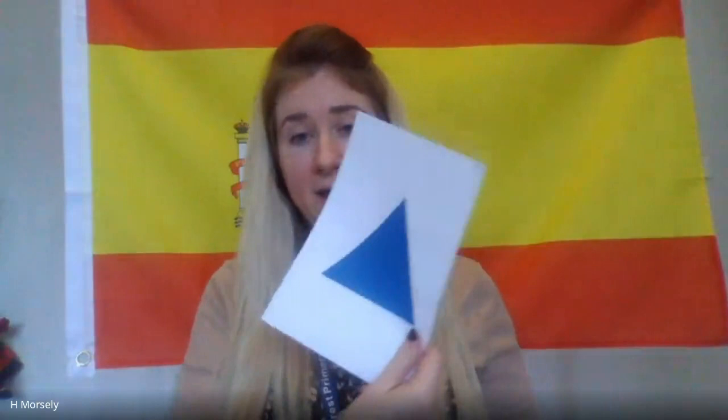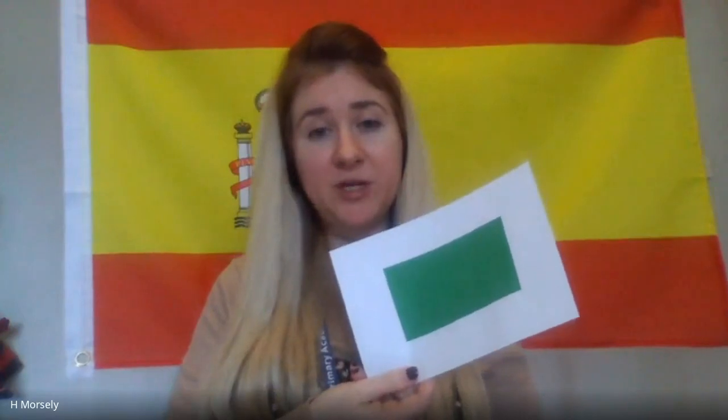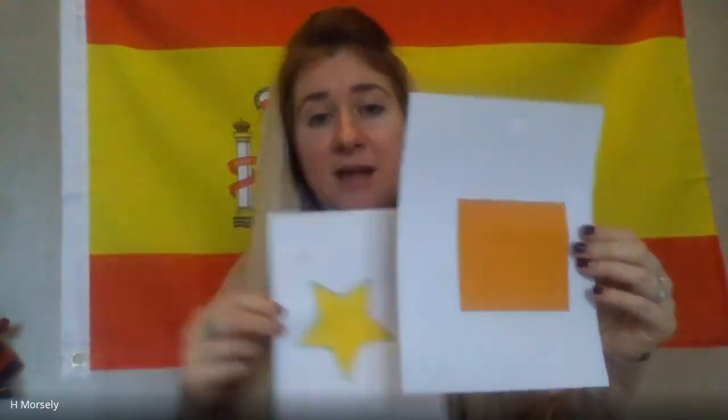Now remember, triángulo is similar to triangle. Rectángulo, similar to rectangle. Círculo is very similar to circle. Círculo. The only two then that are different are el cuadrado and la estrella.